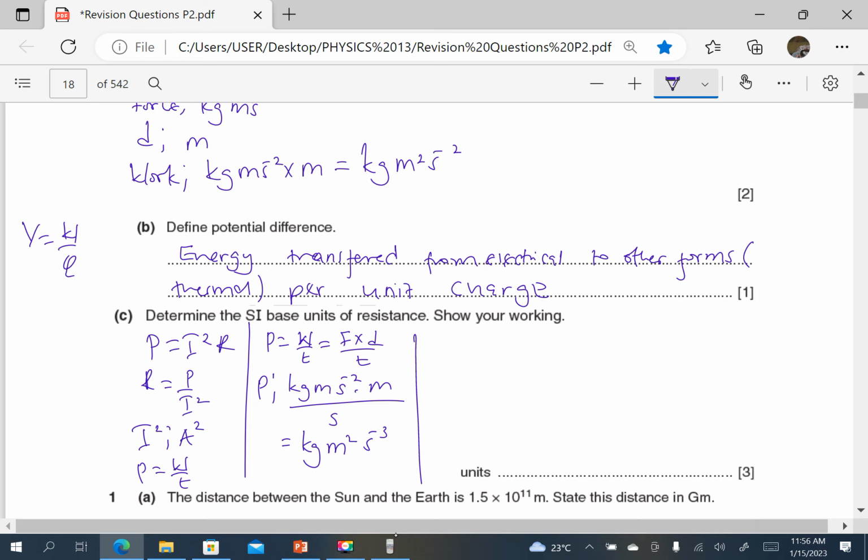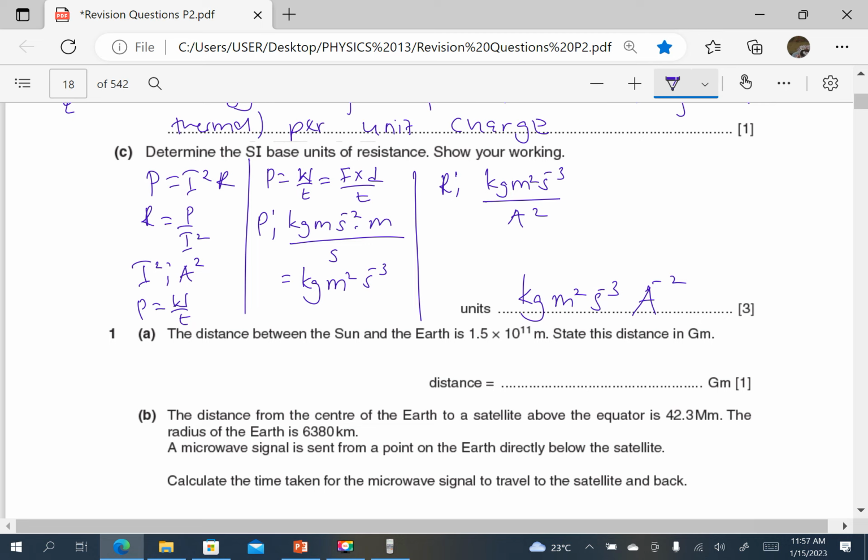That is power. So the base units of R, which is resistance, will be kilogram meters squared per second cubed for power divided by I squared, which is ampere squared. And this simplifies to kilogram meters squared per second cubed, then per ampere squared.